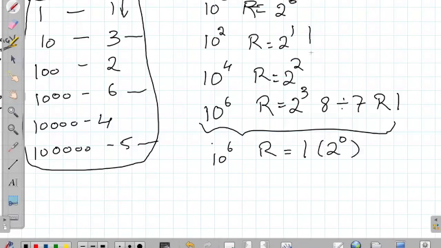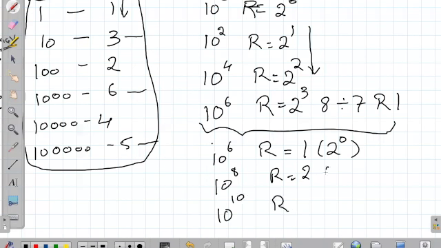So will this pattern repeat again? Yeah, the pattern does repeat. For 10 to the power of 8, remainder is 2, and so on it continues. 10 to the power of 10, remainder will be 4, which is 2 squared.